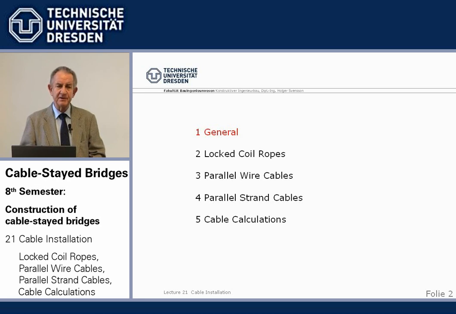Contrary to that, we have the more modern, mostly used today type, the parallel strand cables. Now, they come onto site in components and are built up from their individual components on site.